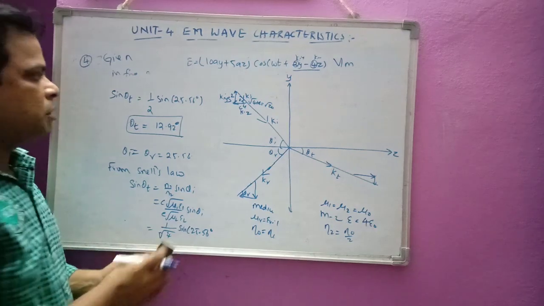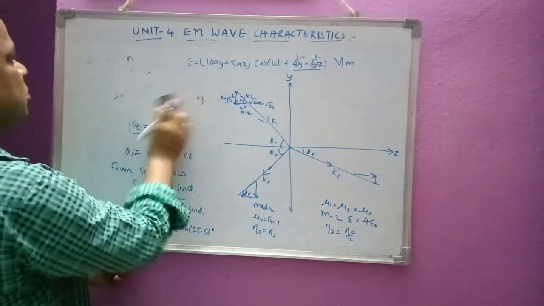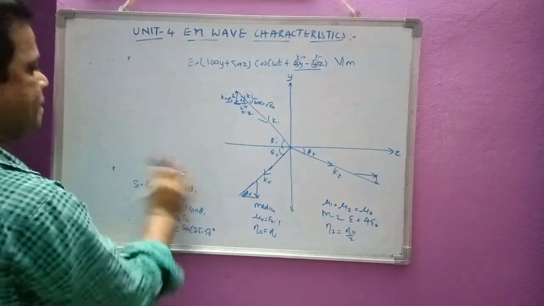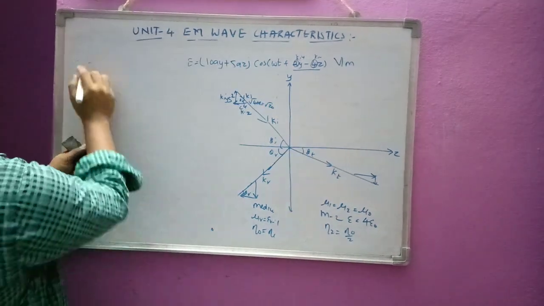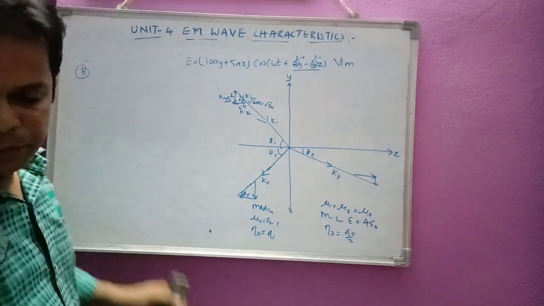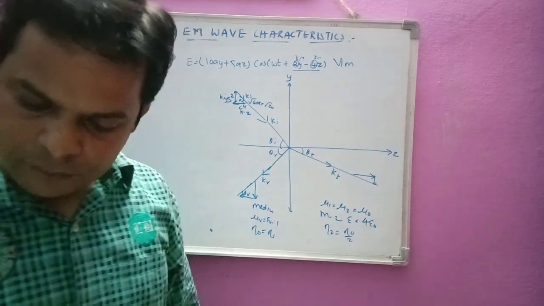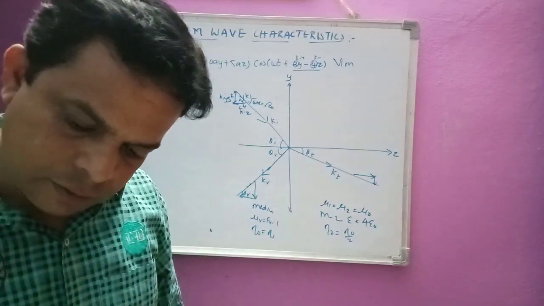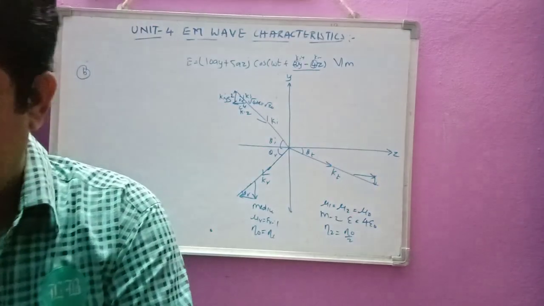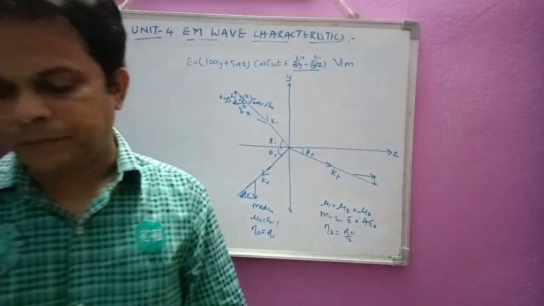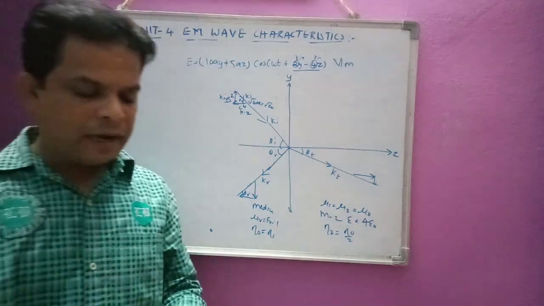Okay. Now we will go to the B question. What is the B question asking? In the B question he is asking for the reflection and transmission coefficients, gamma and tau. This is a parallel incident.